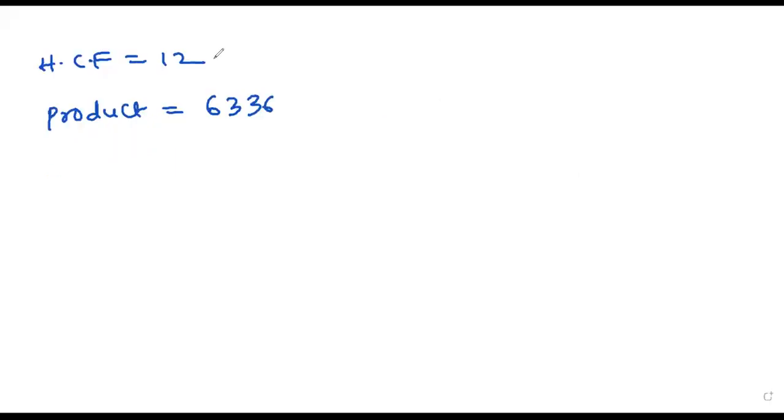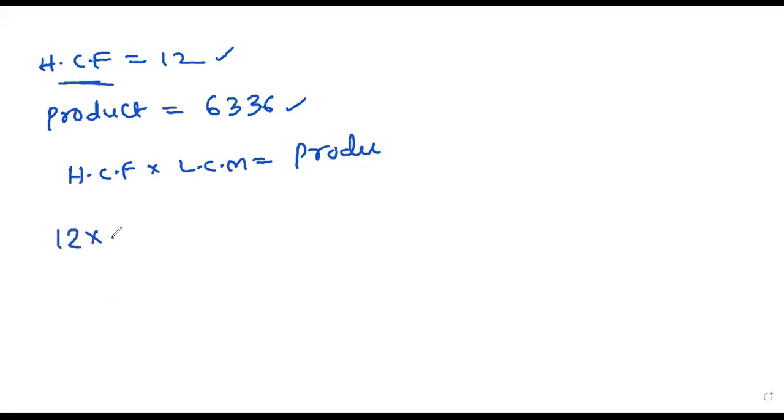The question says HCF is 12 and the product of the two numbers is 6336. We have a formula: HCF into LCM is equal to the product of the two numbers. But I am taking the numbers not just as 12, I am writing 12x and 12y, where x, y are some co-prime numbers.